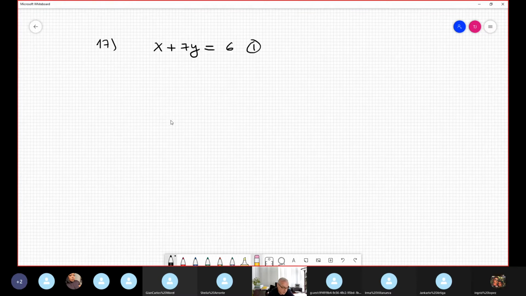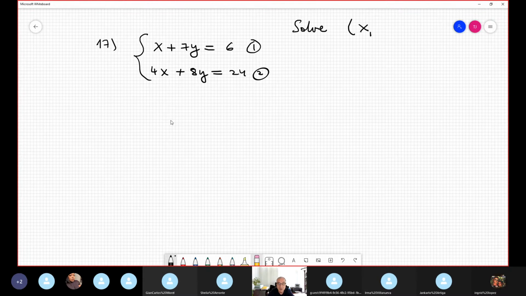This is my first linear equation, and my second linear equation is 4x plus ay equal 24. Equation 2, and this is a system. For any system I put a curly bracket, to close everything, because I understand that this is one mathematical object I need to solve. And the solution, of course, is the ordered pair x comma y, no?